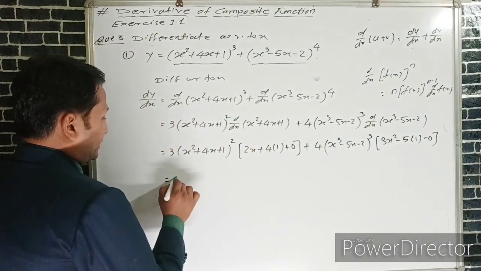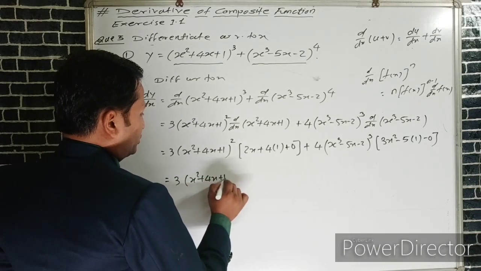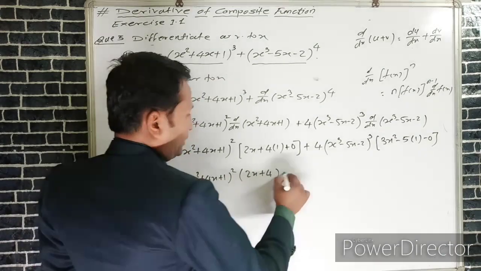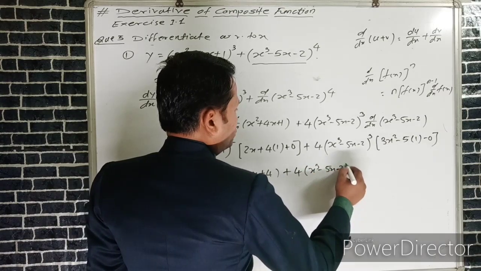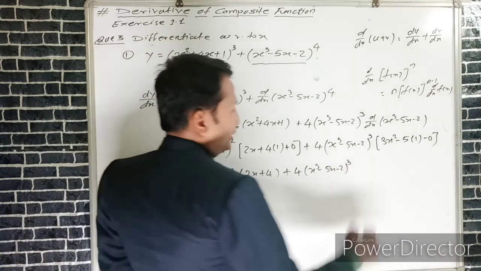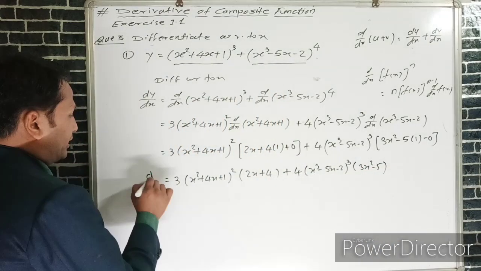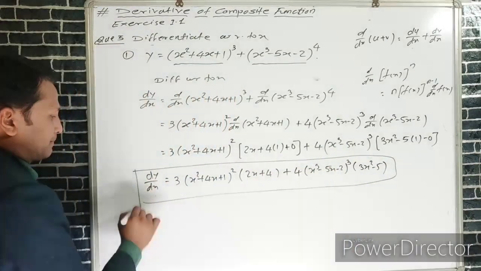After that, we can write 3(x² + 4x + 1)²(2x + 4) + 4(x³ − 5x − 2)³(3x² − 5), which is the required derivative of y, dy upon dx.